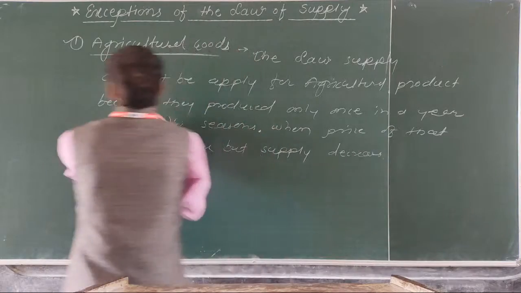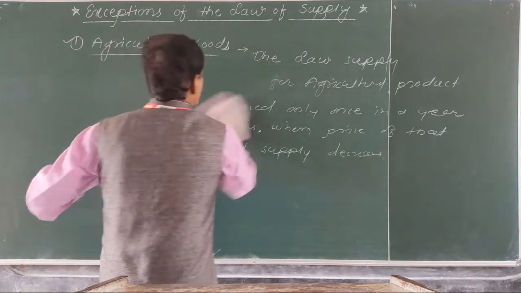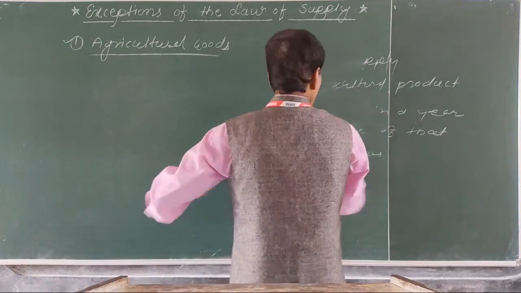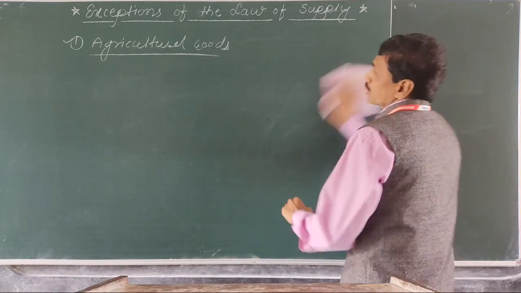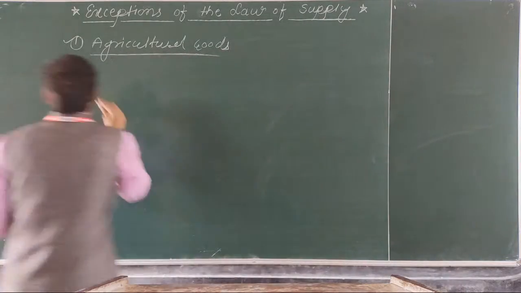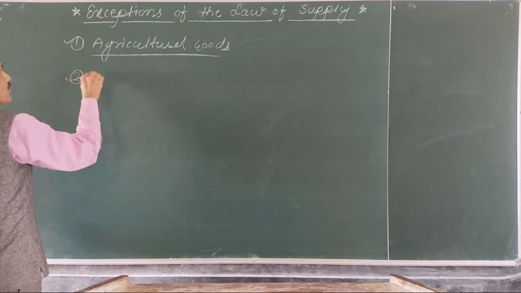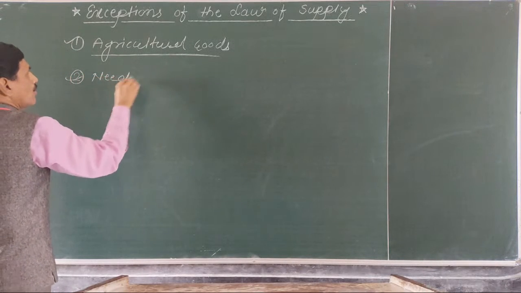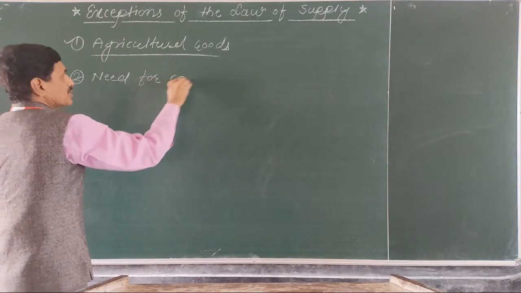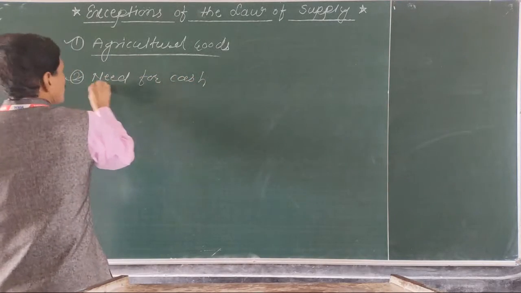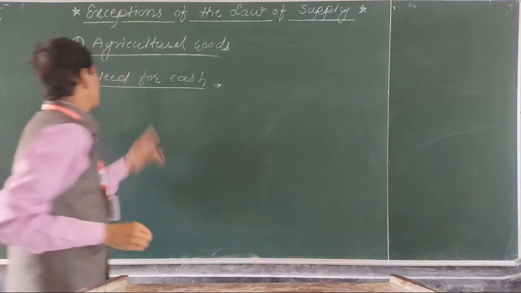So the second exception to the law of supply is need for cash. Need for cash.